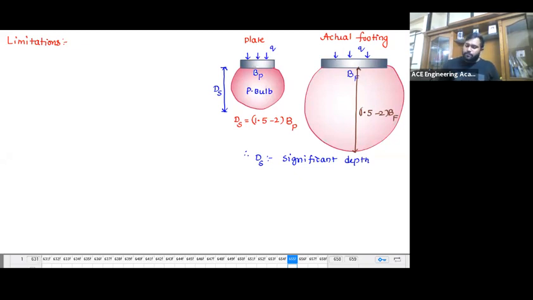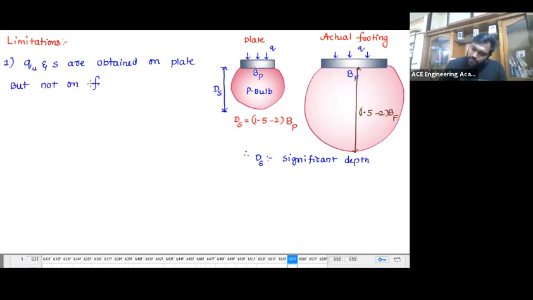So point number 1, the difference over here is that whatever QU and S limitation we obtain are obtained on the plate but not on the actual footing.